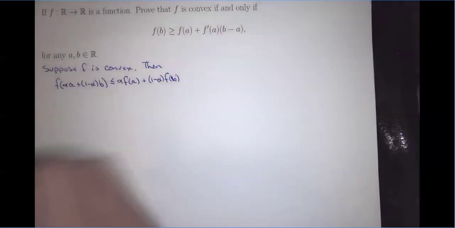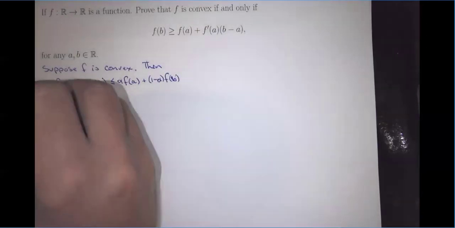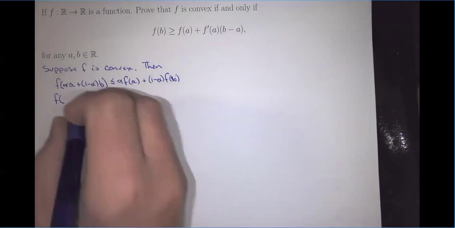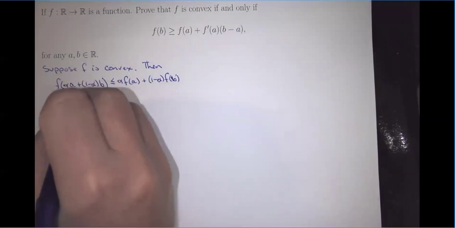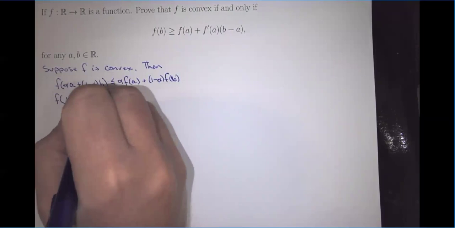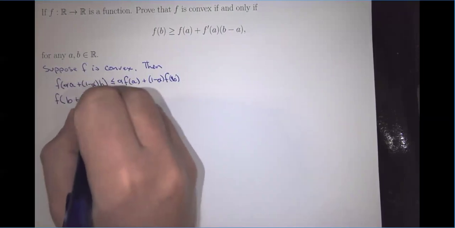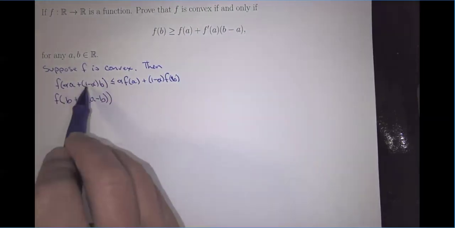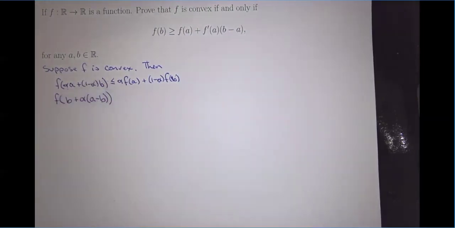Now, if we rearrange the left side, we have alpha a minus alpha b, so we've got b plus alpha times a minus b, right? Breaking open this bracket and combining all of our alpha terms.